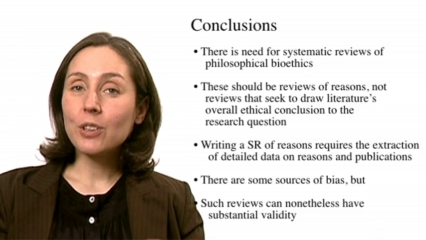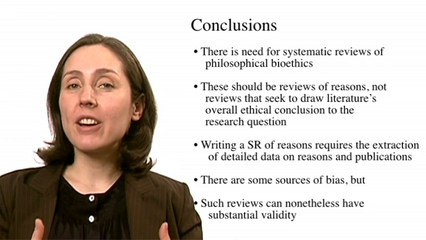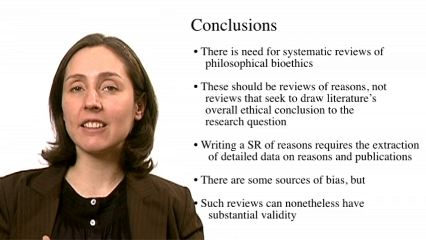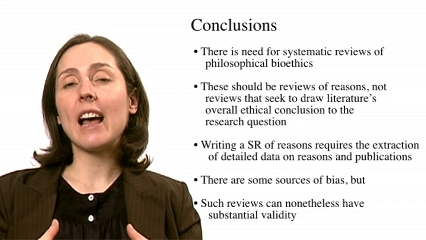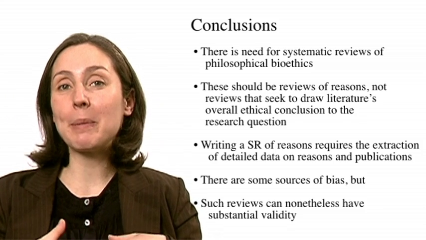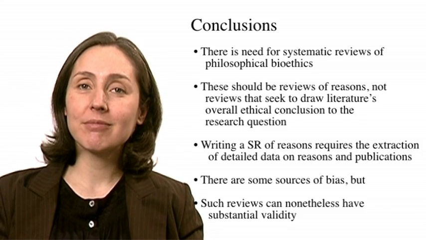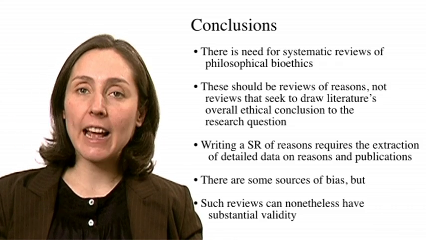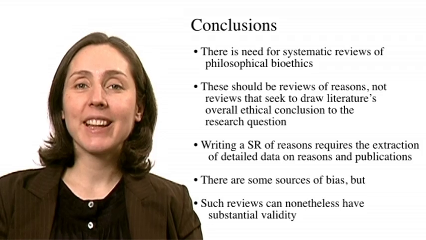In the second talk, we explained the process for extracting and presenting this detailed information on reasons, and we argued that while there are some sources of bias, some of which may be ineliminable, such systematic reviews can nonetheless achieve substantial validity. Thank you.